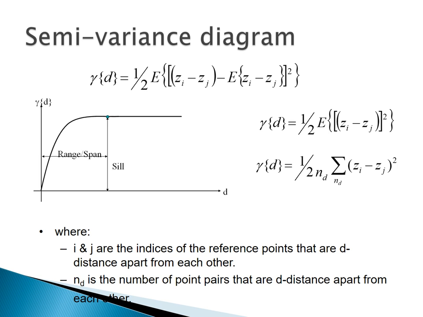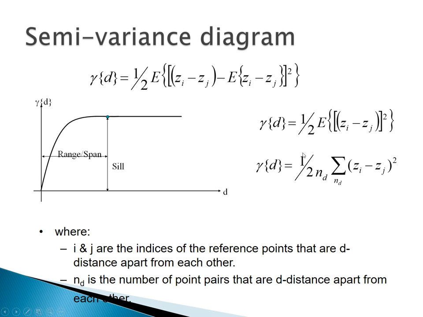So this is the semivariogram, if you want to call it that, with this range and sill. Here's all your fun math that you would do to calculate this gamma, and this gamma is going to become like a weight later on. You have your indices, the number of points that are a distance apart, and that's how you calculate your sum.